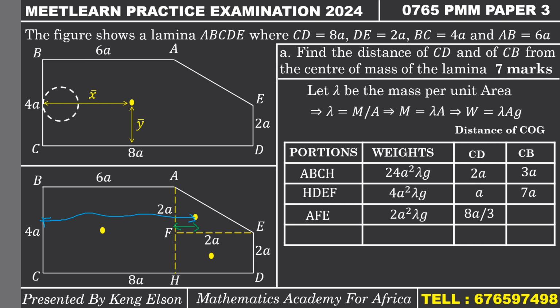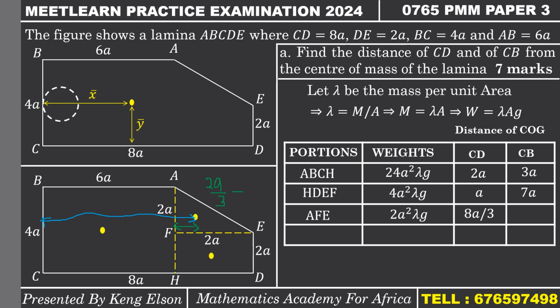Now this distance in green is basically the distance from the center of mass to the height, and it is 1/3 of the base. Because it's a horizontal distance, it is 1/3 of the base. The base is 2a, so 1/3 of 2a gives us 2a divided by 3.